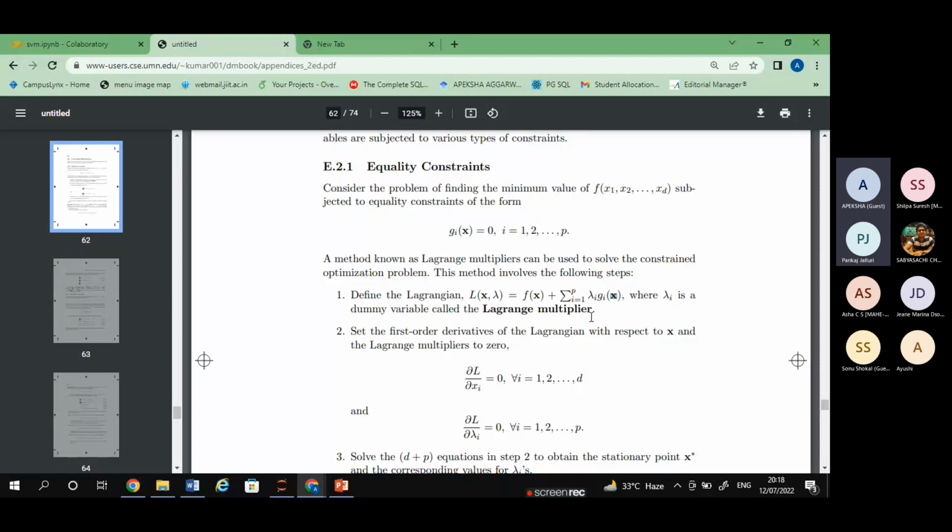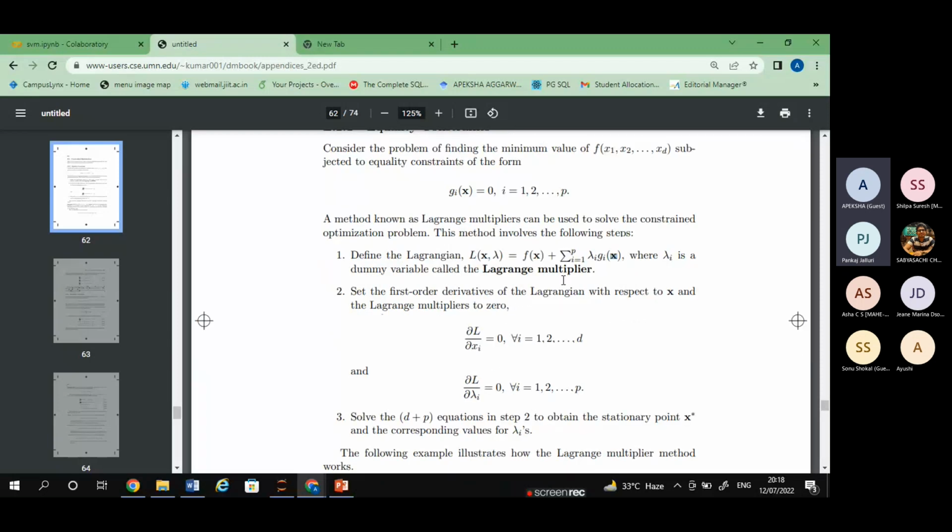Okay, so you apply lambda, and then finally you differentiate this equation with respect to all the x and all the lambda, put it to 0 and solve all the equations. Okay, simple method. You just put f(x) plus lambda g(x), and then differentiate the whole thing with respect to all the x's and all the lambdas.